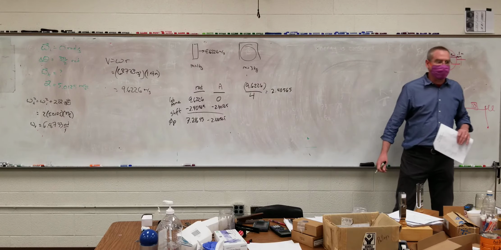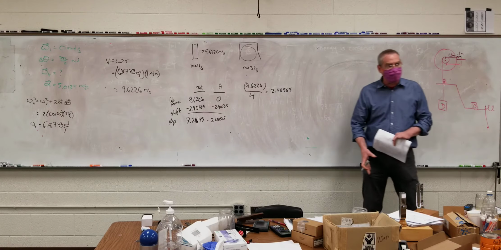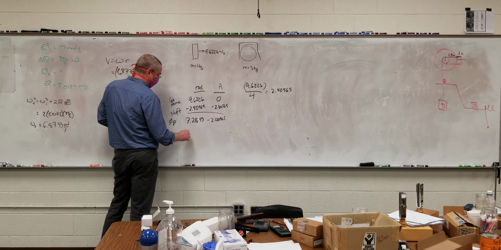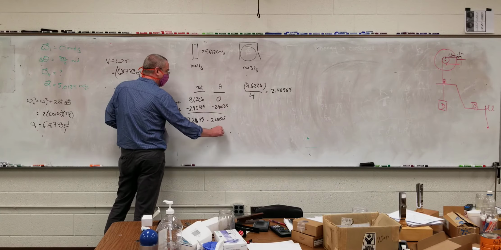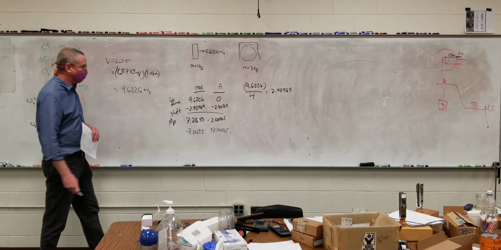So that is just before the collision in the zero momentum frame, and then they collide. And the advantage of this is here's the math for the collision. So I just switch signs, 7.21695, and then plus 2.40565. And then I shift back into the problem frame.